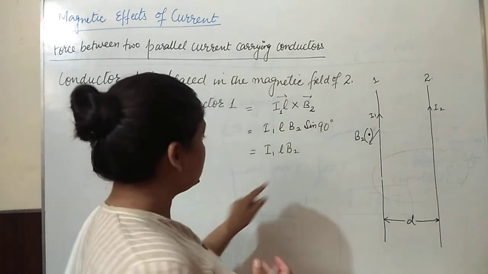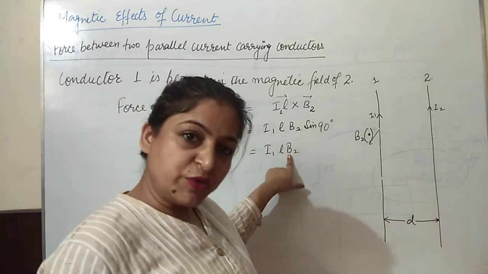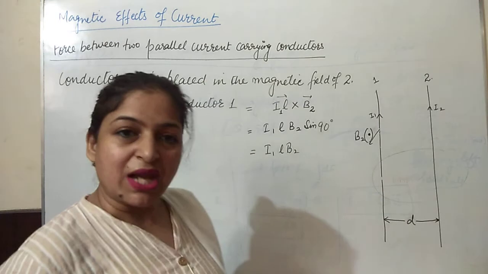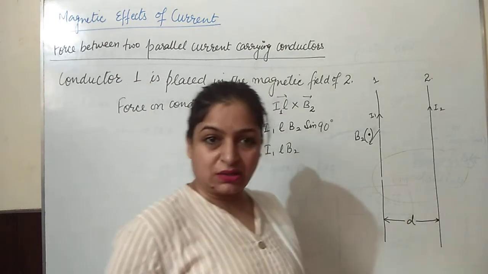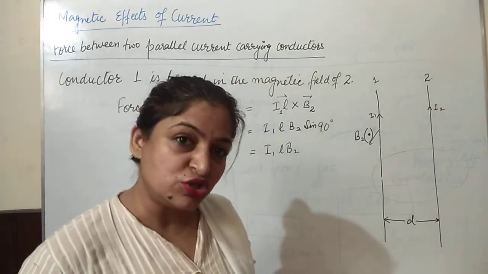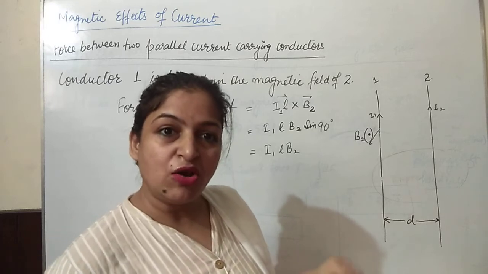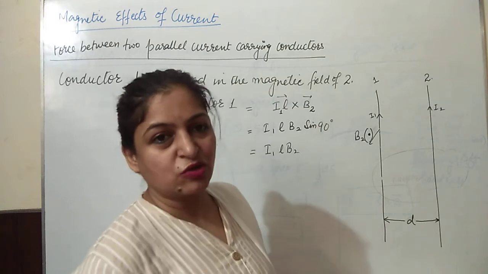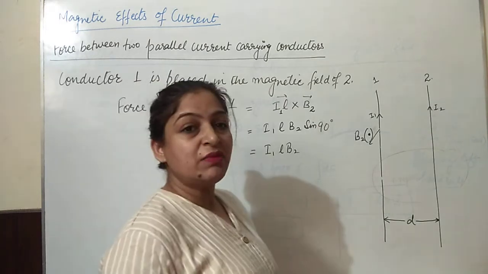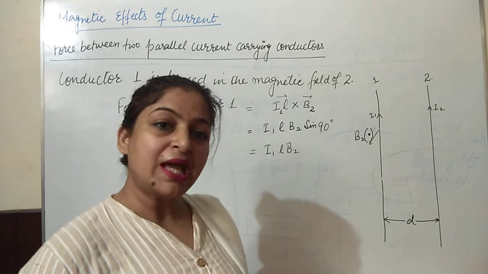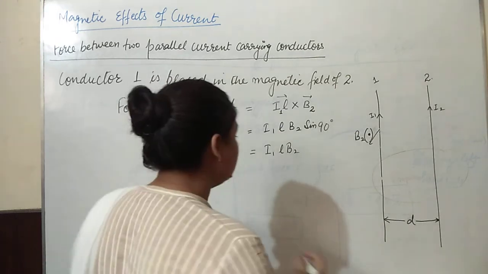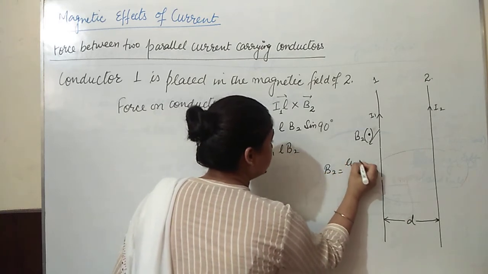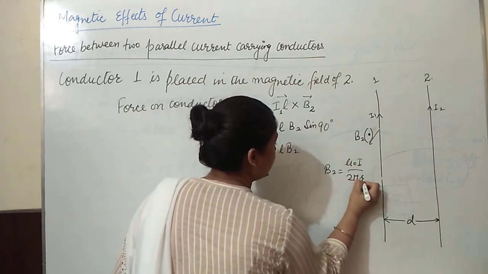Now I want to substitute the expression for B2. B2 is the magnetic field of an infinitely long conductor having current I2, and using Ampere's circular law we have already derived it: B2 is mu naught I over 2 pi r.